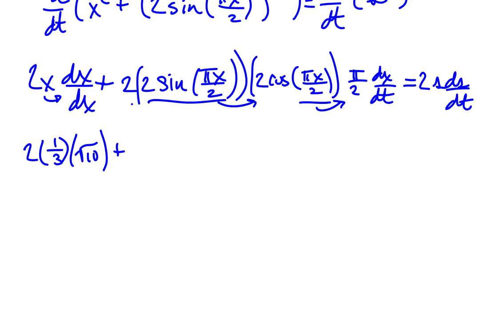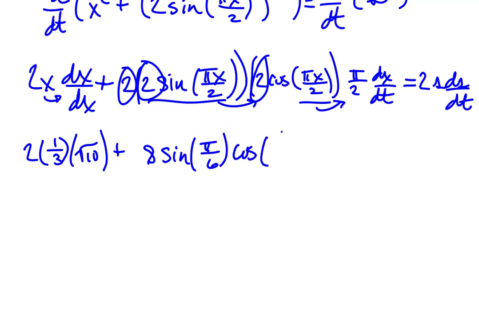We'll continue on. Now, there's a lot of kind of messy arithmetic going on as we look at the rest of this. Notice all these 2's. There's a 2 times 2 times 2. Really, all those 2's could be put together to be 8. And then we have a sine of, now it's pi x over 2, but again, if x is 1/3, then that really means pi over 6.